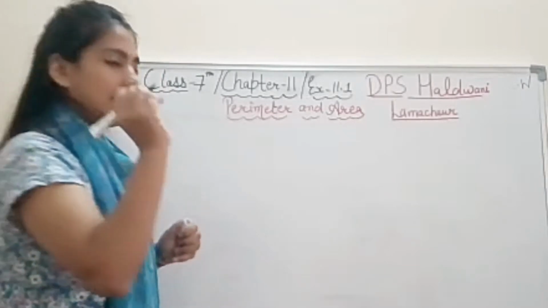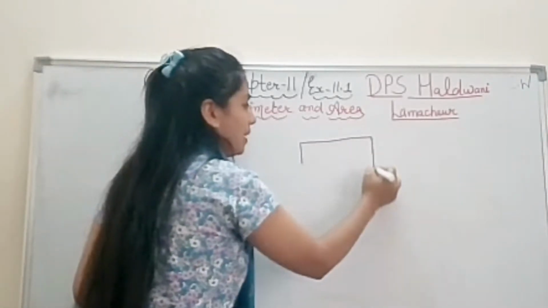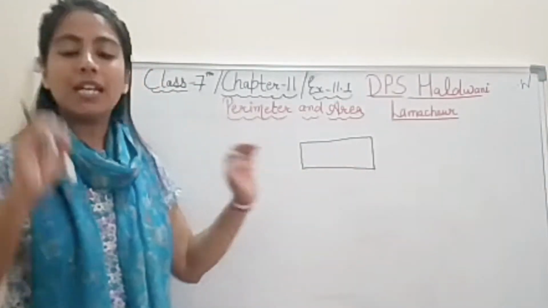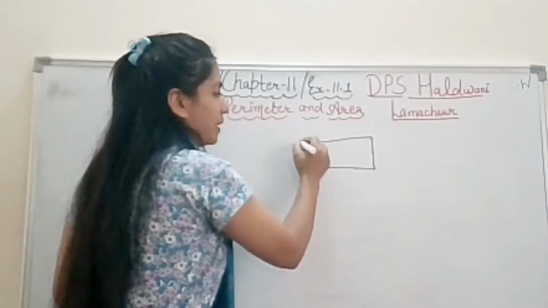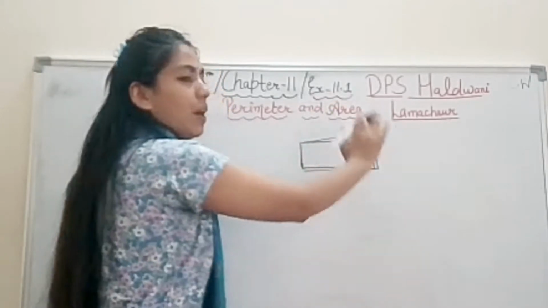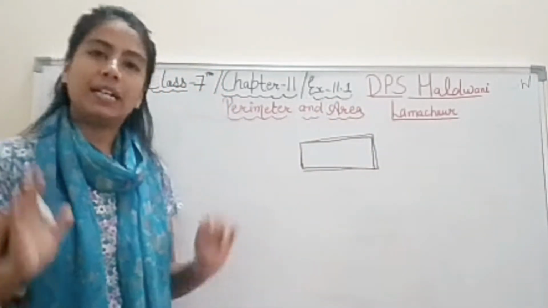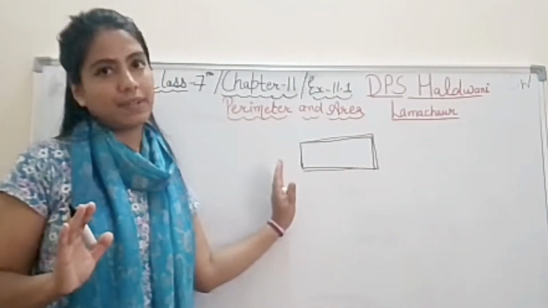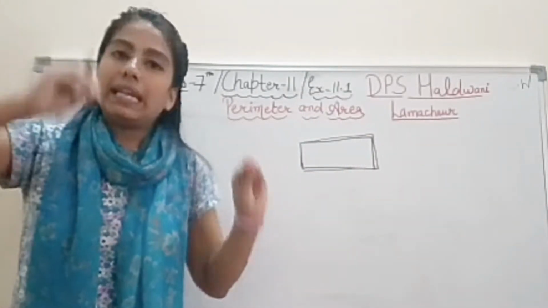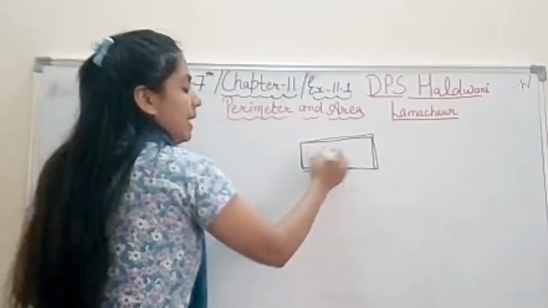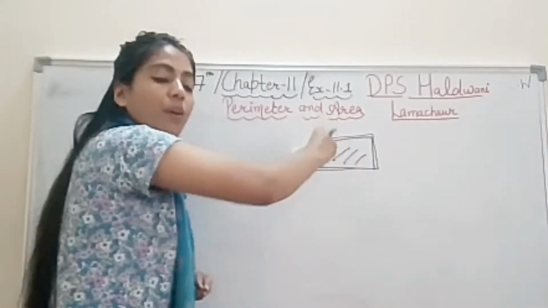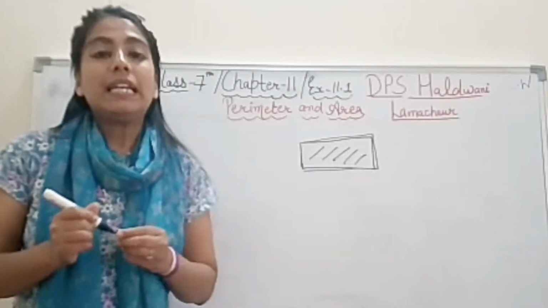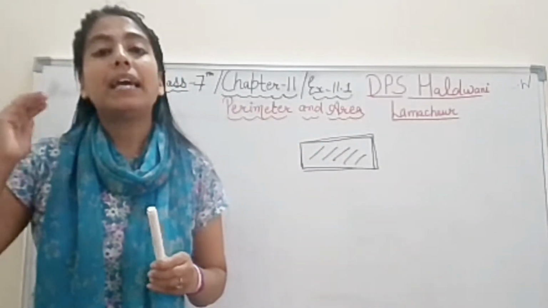Very simple, students. If a figure is given to you and we talk about its perimeter, then we talk about the boundary, the surrounding of the given figure, and in this we sum all the sides. And when we talk about area, area means the inner portion of the particular figure, the space occupied by a figure.